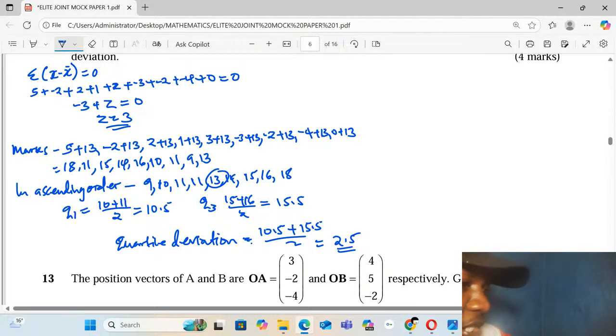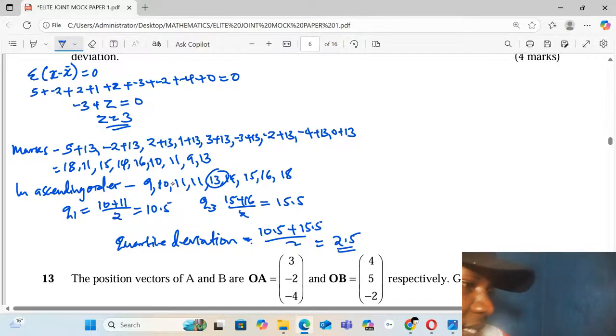After arranging in ascending order, 13 is the median, which is in the middle. Q1 is the lower quartile, the middle number on the lower side. So we have 9, 10, 11, and 13.